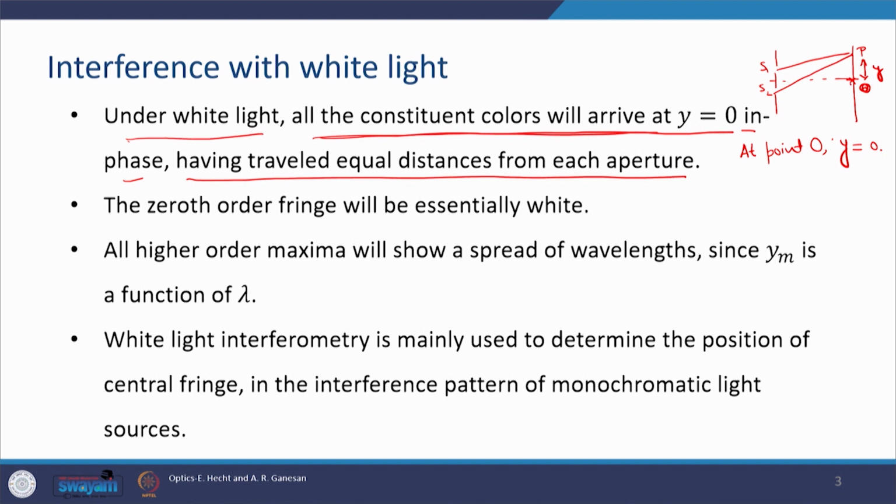This point O on the screen is symmetrically situated from the two sources, so this distance is equal to this distance, and therefore the total path difference is 0 at O. Therefore, irrespective of the wavelength, irrespective of the color, we will always find maxima at O. And under white light illumination, since all colors form maxima at O, all colors will combine and give the resultant as white color.